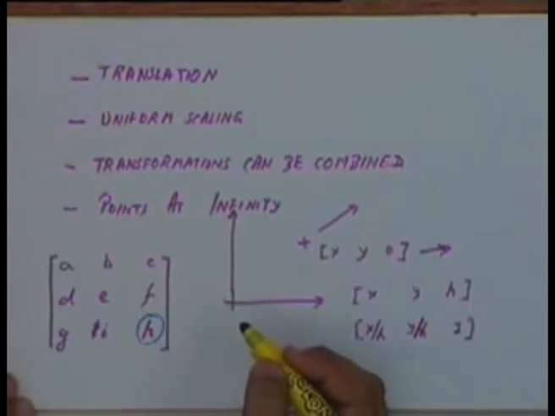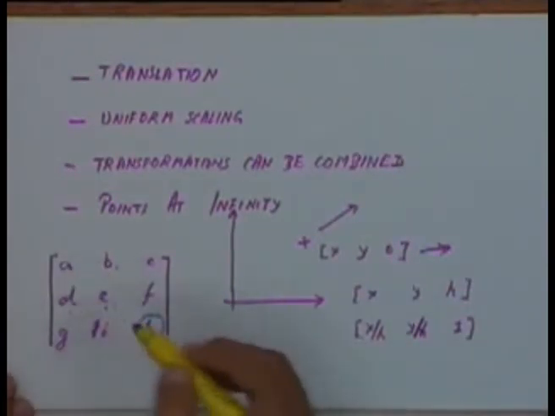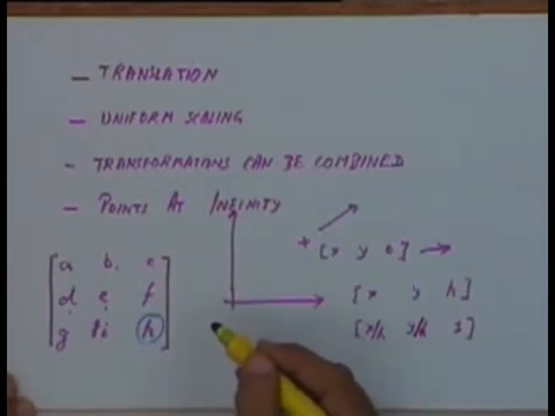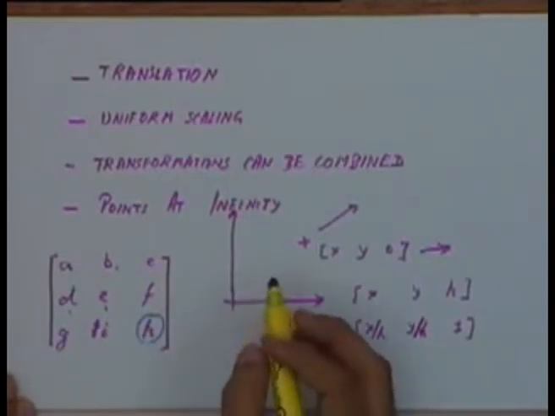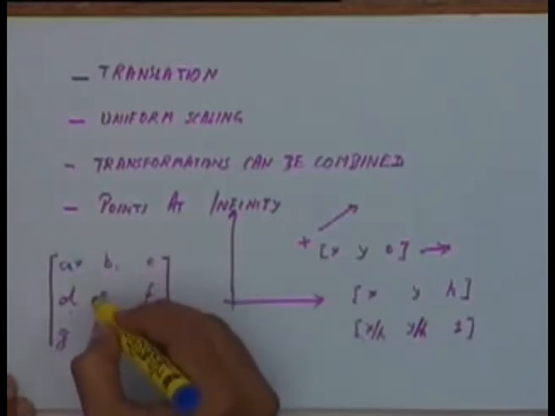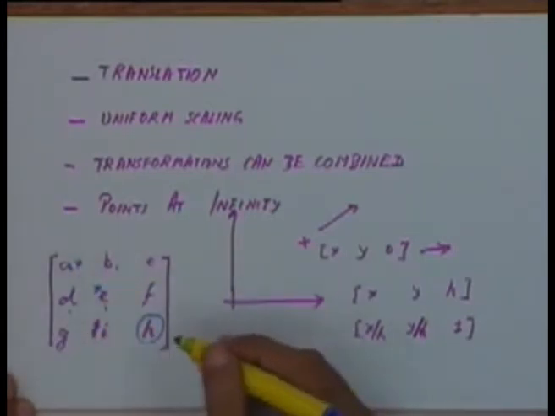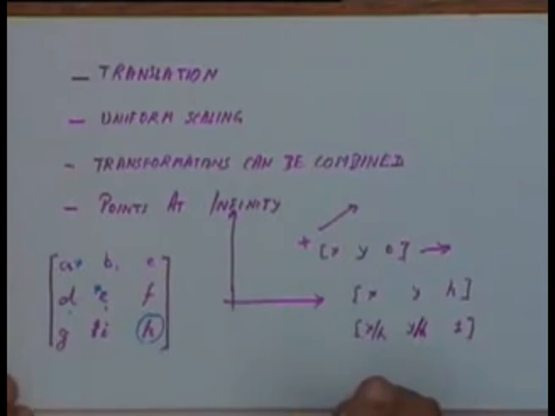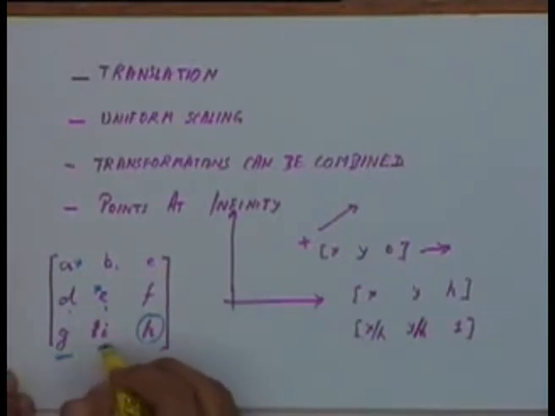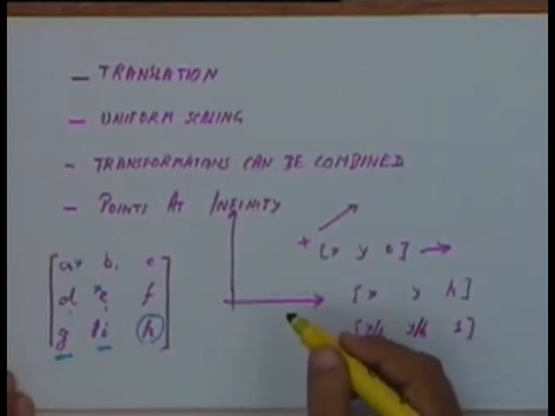It gives uniform scaling. These 4 are giving us rotation. These 2, in addition to rotation, also give us scaling. And these 2 are giving us translation.